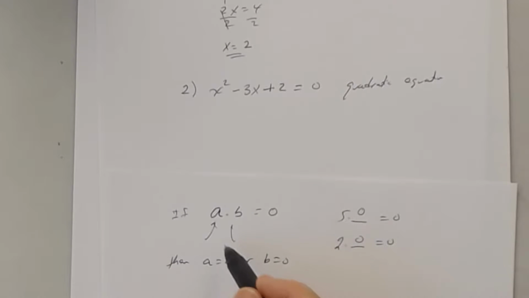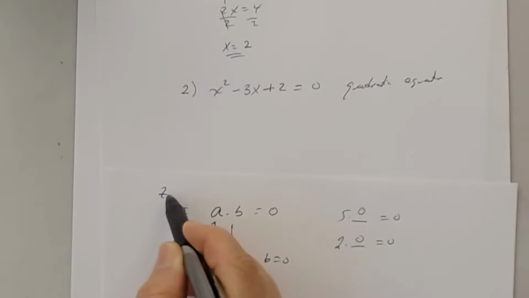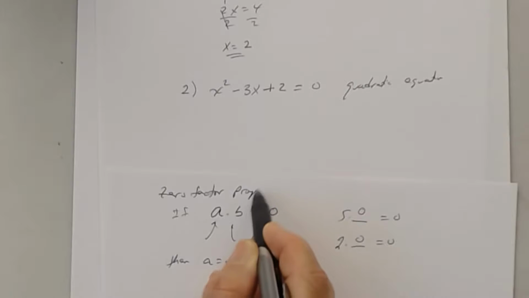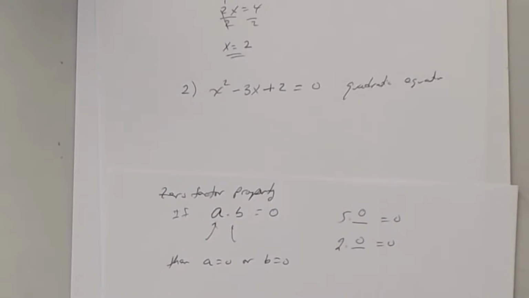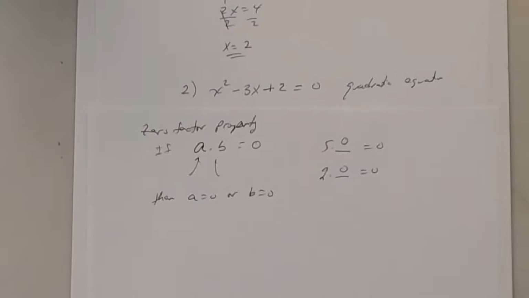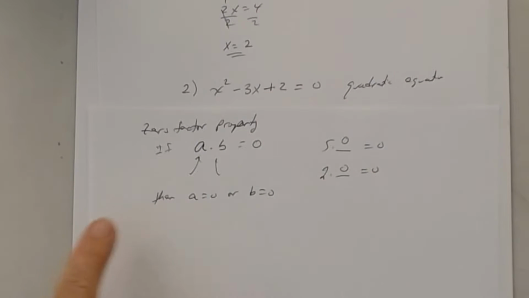Now this is called the 0 factor property. So the 0 factor property, notice factor, so your factors are A and B, and their product is 0. And it basically says you take each factor, you set equal to 0.